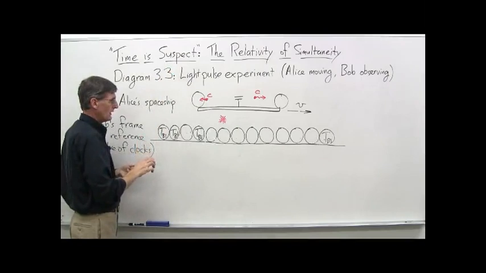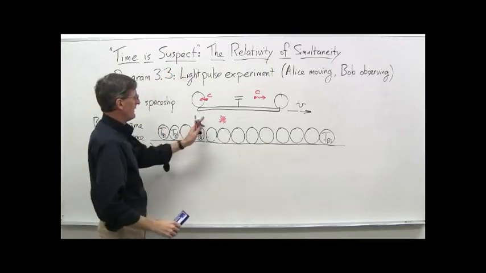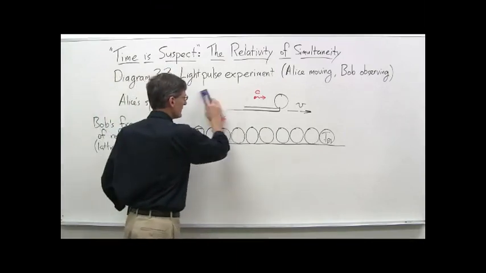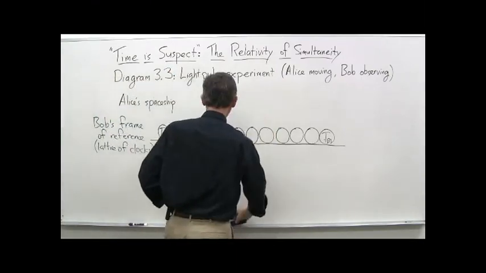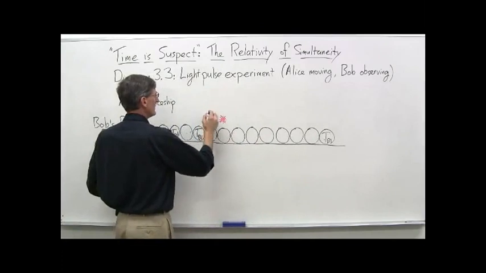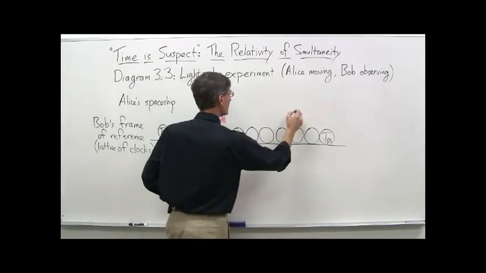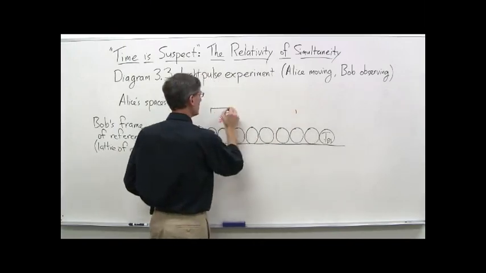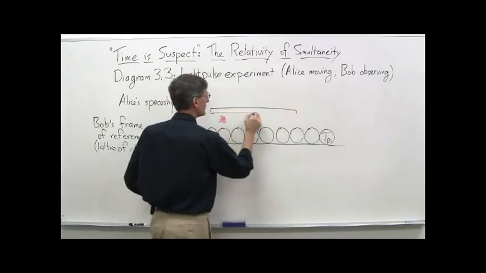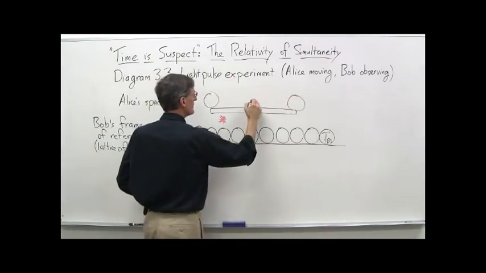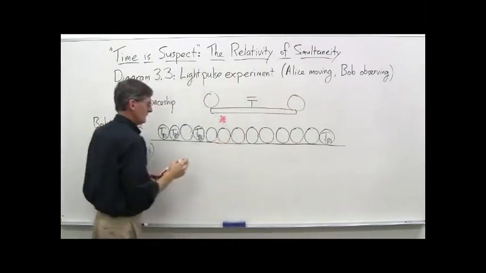Here. And so now Alice, his spaceship, will move it over one more clock here. And so now it's here. See, where was it? 1, 2, 3, 4, 5. I think here is where it is now, that front part. So there's that clock. Here's the gun in the middle.